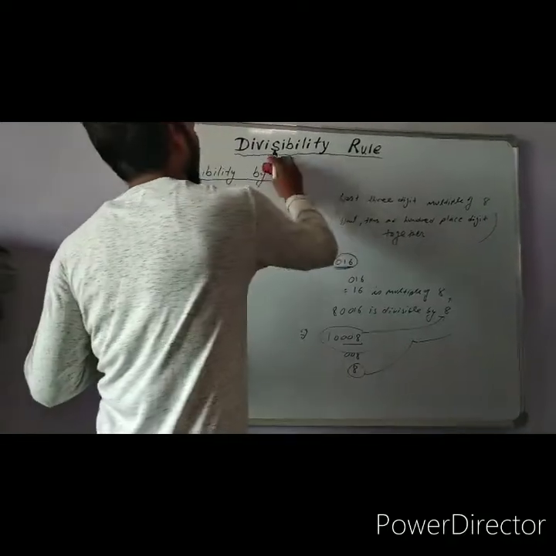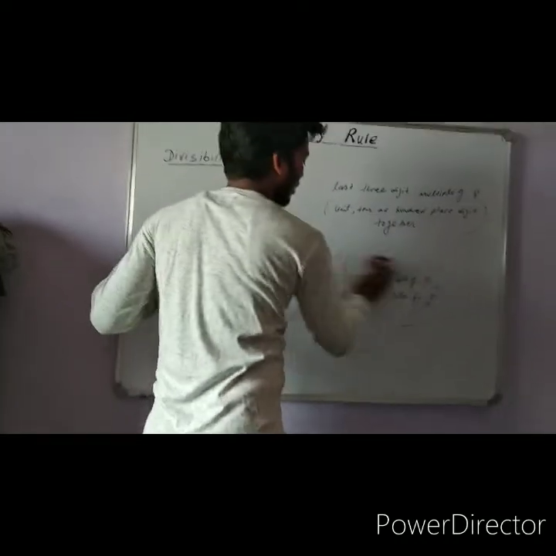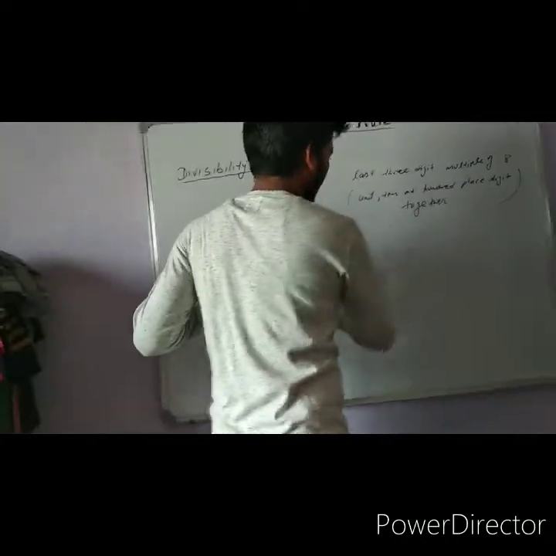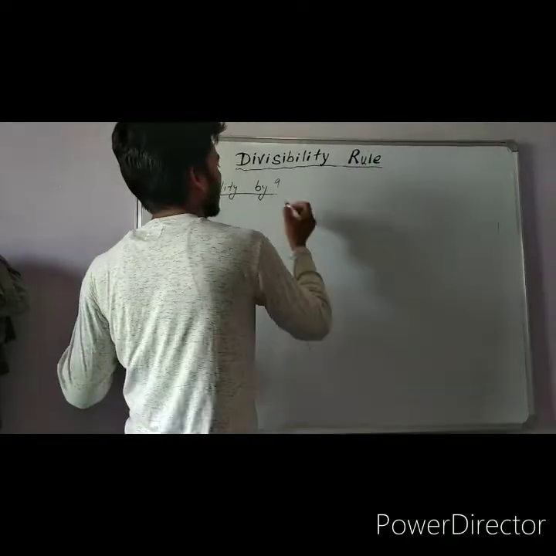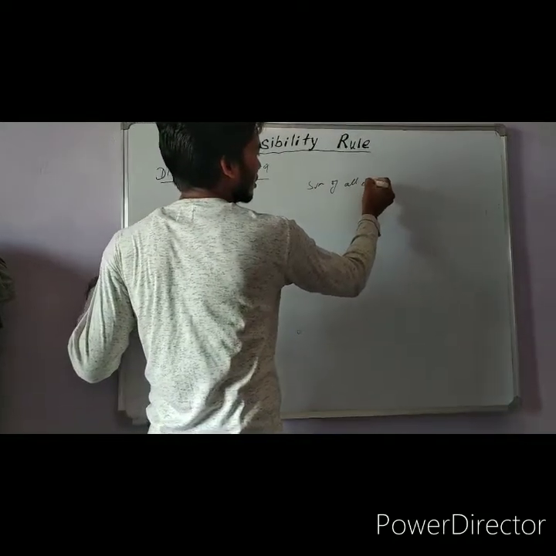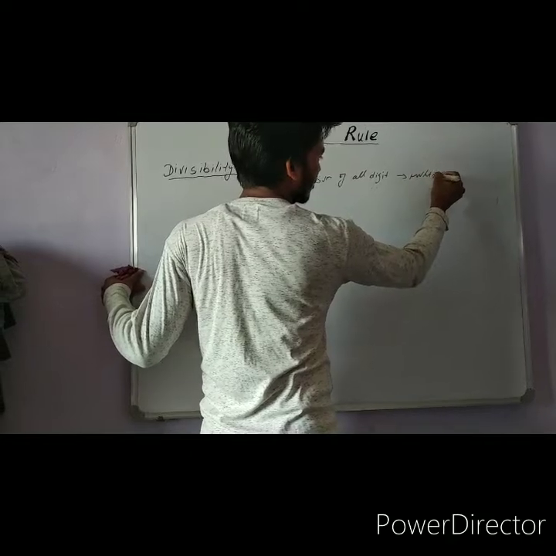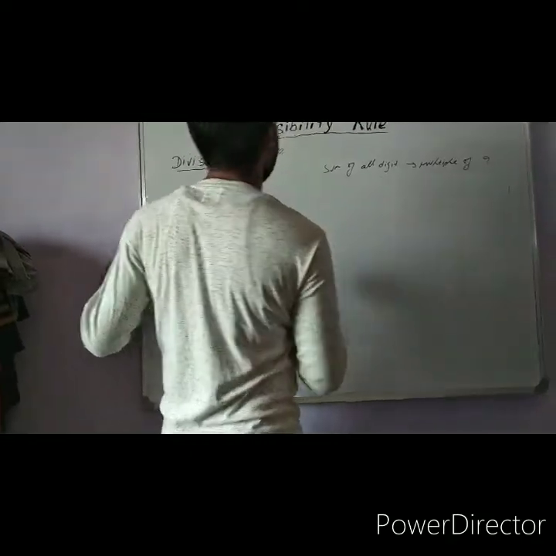Now divisibility by 9. It is the same as the divisibility rule of 3. The sum of all digits must be a multiple of 9. Then the whole number is divisible by 9.